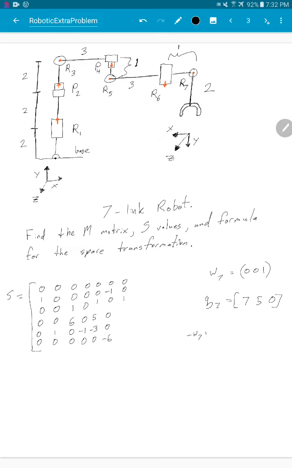And then the cross product. Okay, I'm gonna go look this up again. Okay, so here's the cross product, so I'm gonna copy that in here. Okay, and that is the full S matrix.